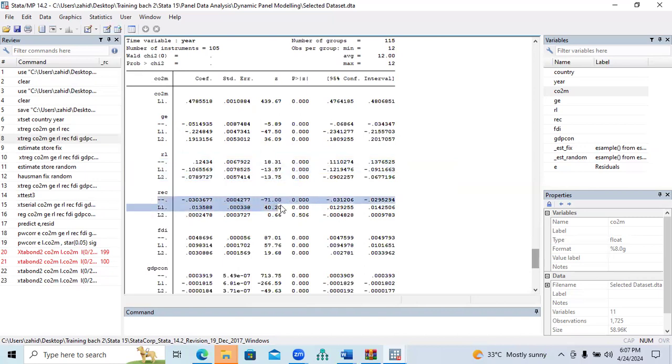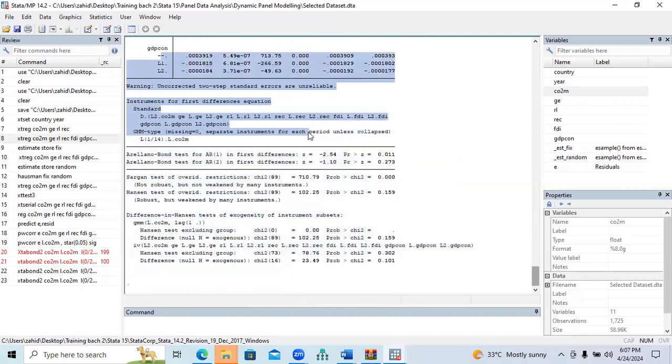So the majority of the variables, if you see here, are significant in case of two-step difference GMM. So you need to check your hypotheses, which of the hypotheses are spotted here.